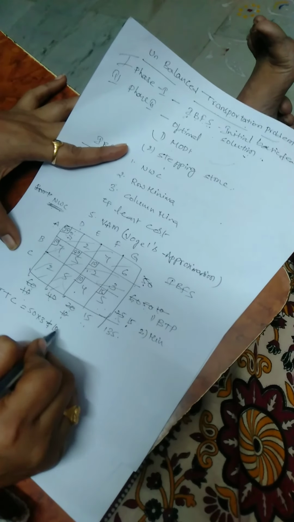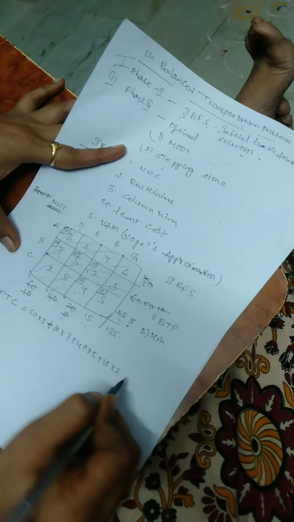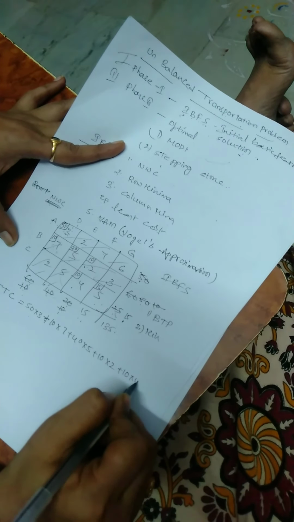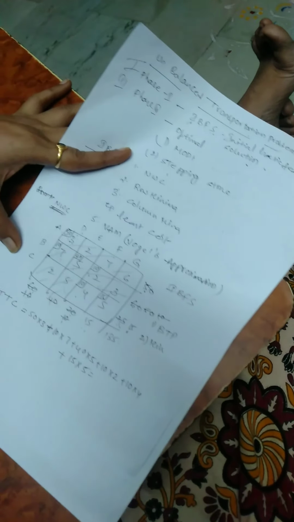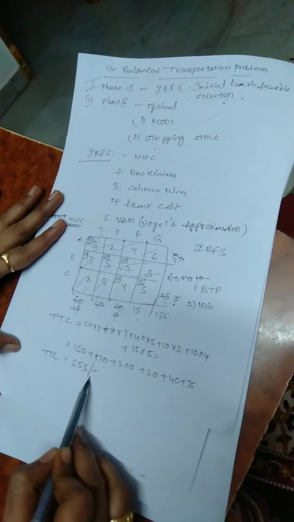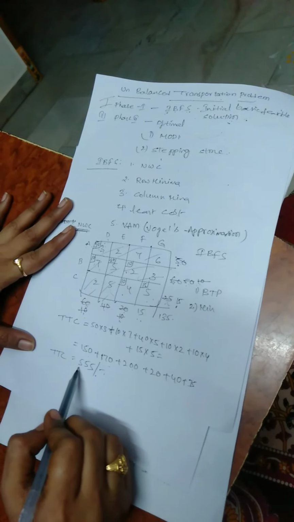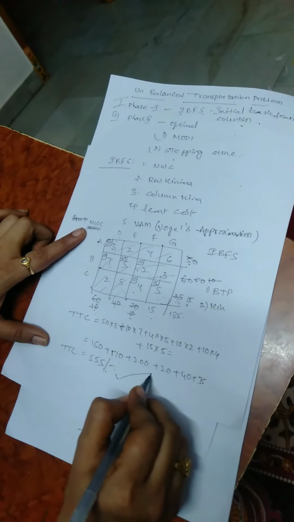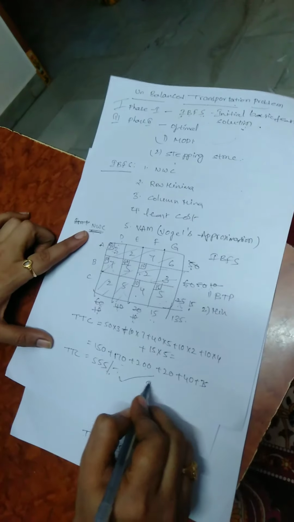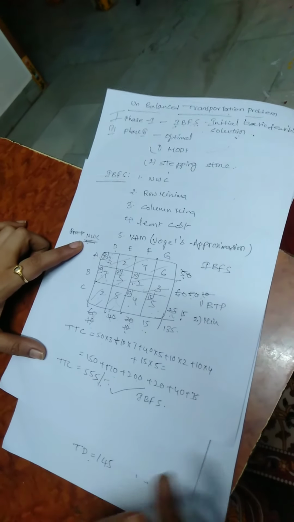Next 10 into 7 plus 40 into 5 plus 10 into 2 plus 10 into 4 plus 15 into 5, and the total transportation cost is 555 according to northwest corner rule. This way we can find IBFS by using northwest corner rule.